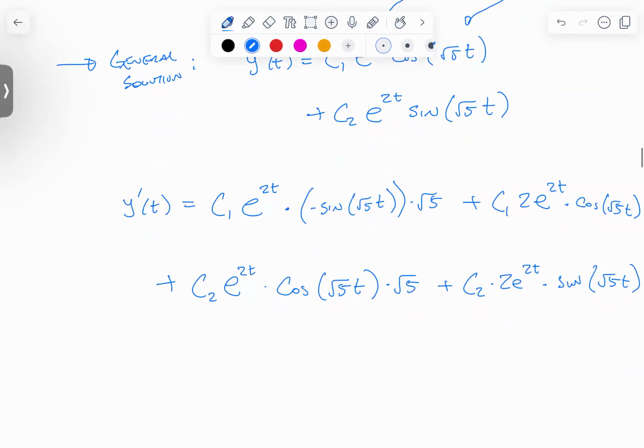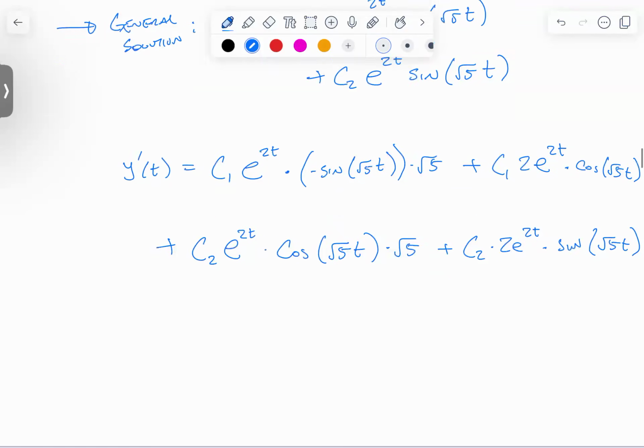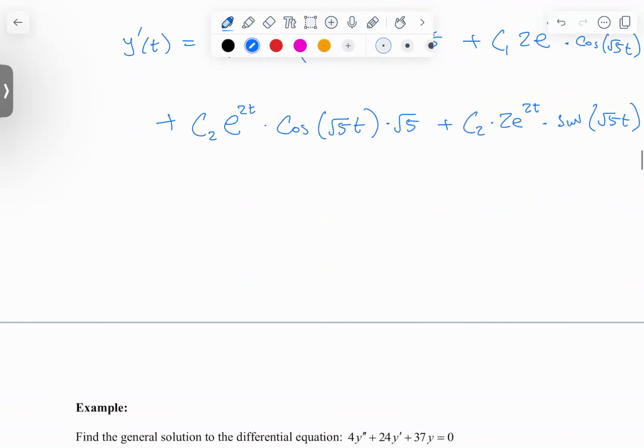The annoying part about this, without a doubt, is that we have to product rule this. Okay, do I see anything that goes with that? That's C1, that's C2, so nothing really goes away, and the details get a little messy.